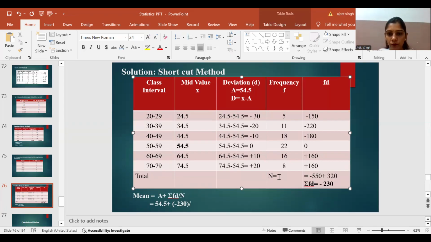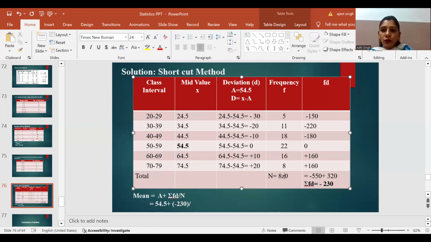So when we add all these values, 5 plus 11 plus 18 plus 22 plus 16 and plus 8, the answer will come 80.